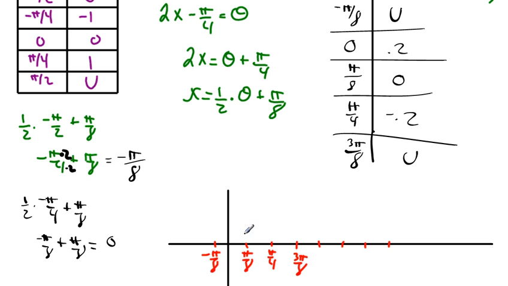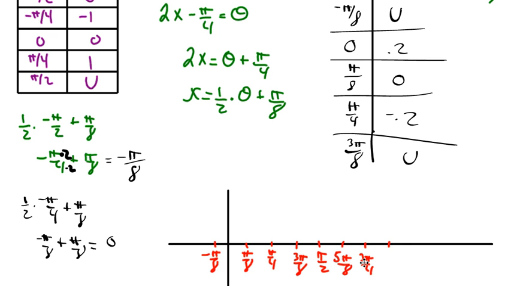Okay, so this is 1 pi over 8, 2 pi over 8, 3 pi over 8, 4 pi over 8, which is just pi over 2, right? So 3, 4, 5 pi over 8, 6 pi over 8, but 6 pi over 8 is 3 pi over 4.